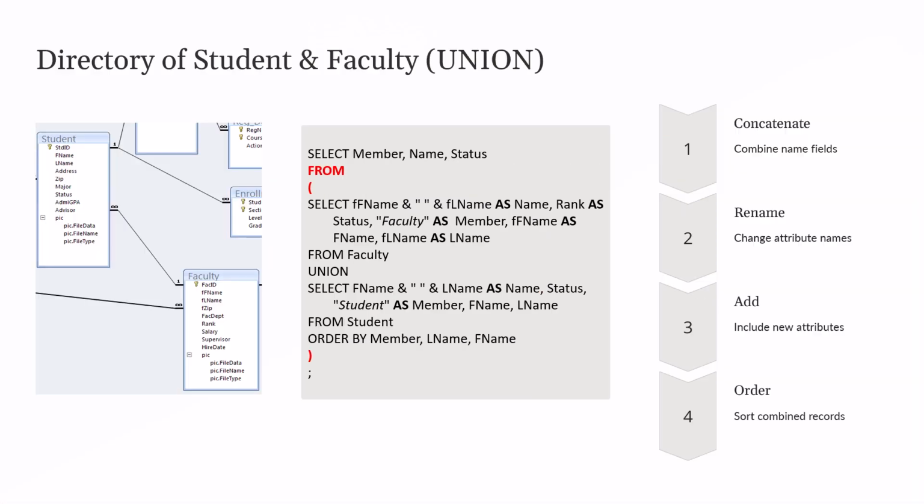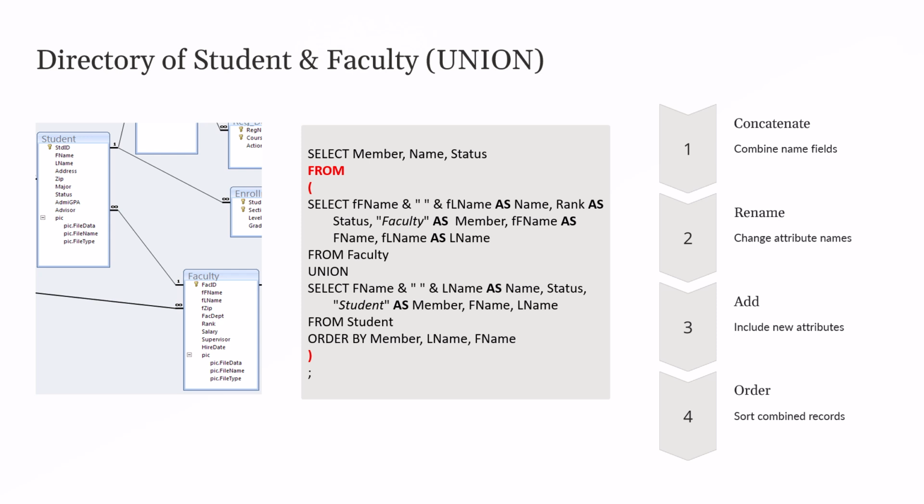This example shows how to combine data from both the student and faculty tables into one directory using UNION. First, concatenate first and last name to create a full name. Second, rename the column so both selects match.